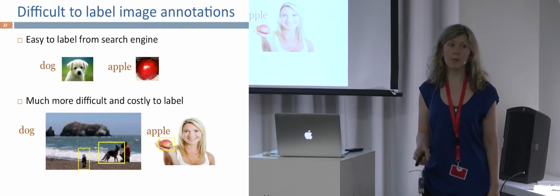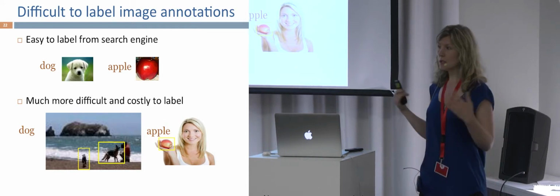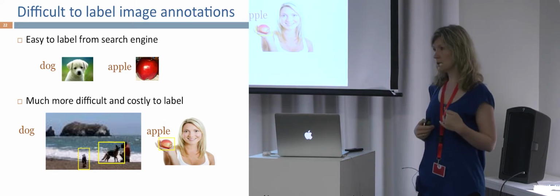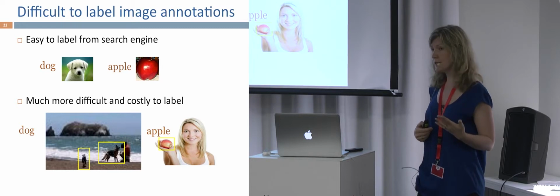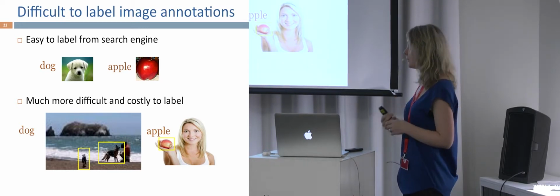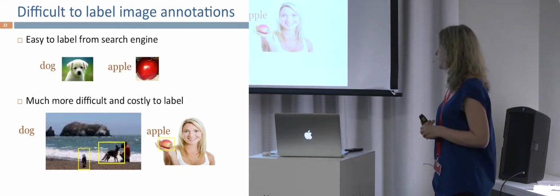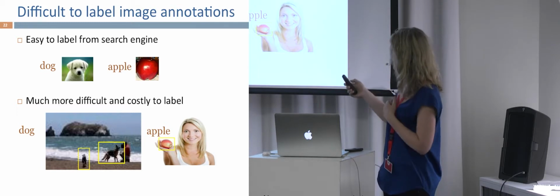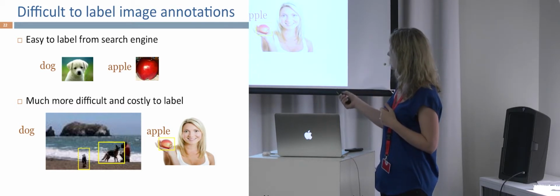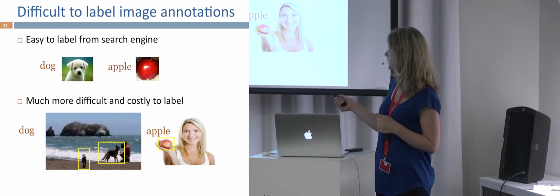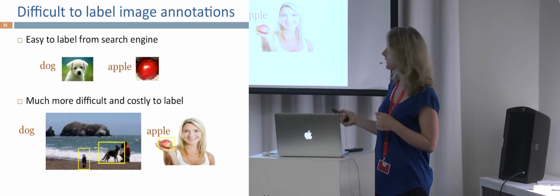To give you an example, there's a very large image database that has been labeled for roughly 20,000 categories at Stanford and a few other universities. It's called ImageNet. This data set has, like I said, approximately 20,000 categories of this kind, where we just have an image and a tag.